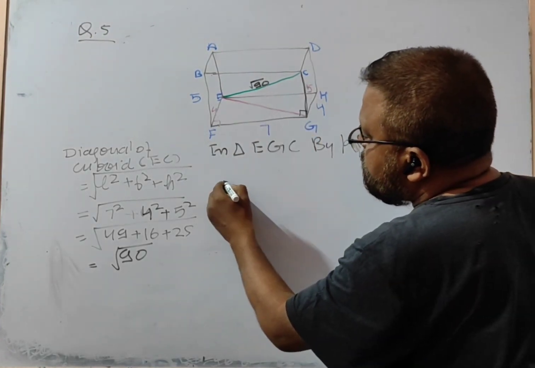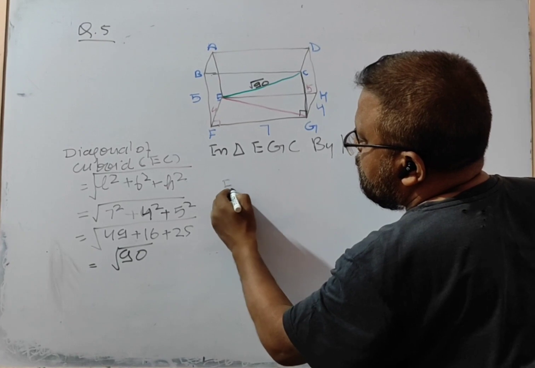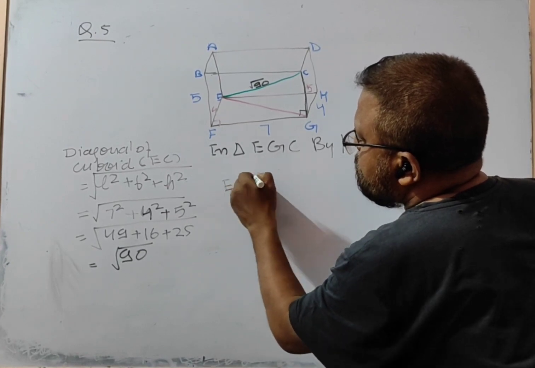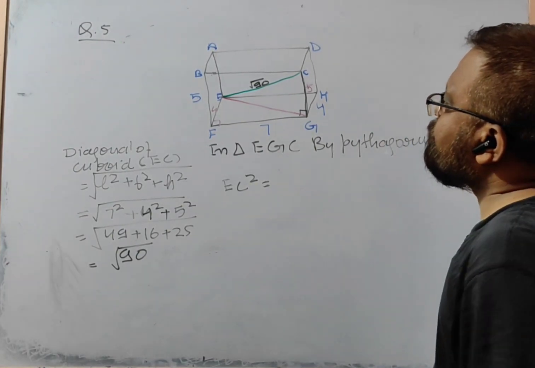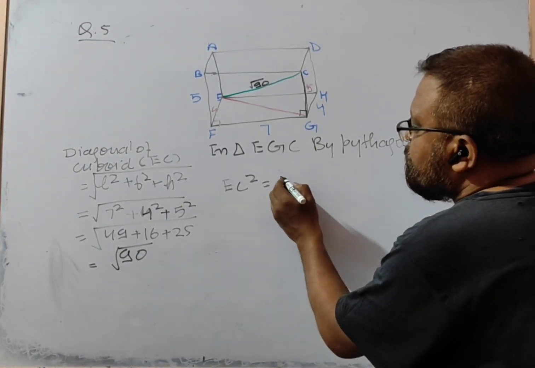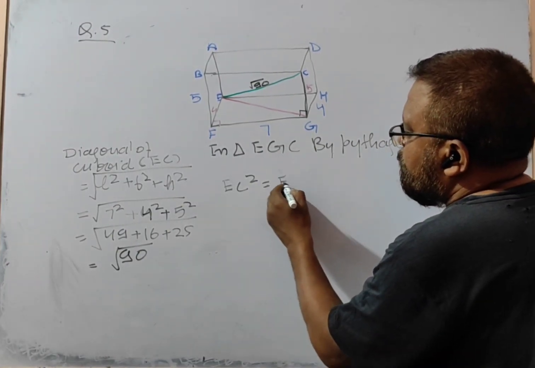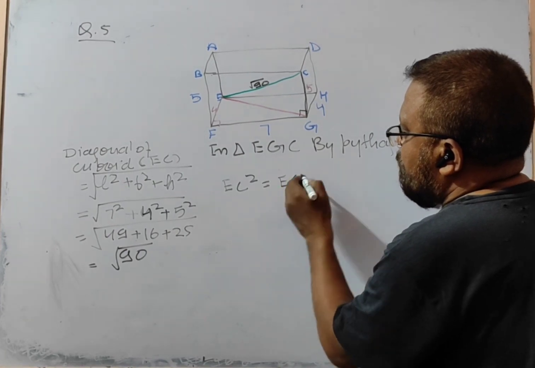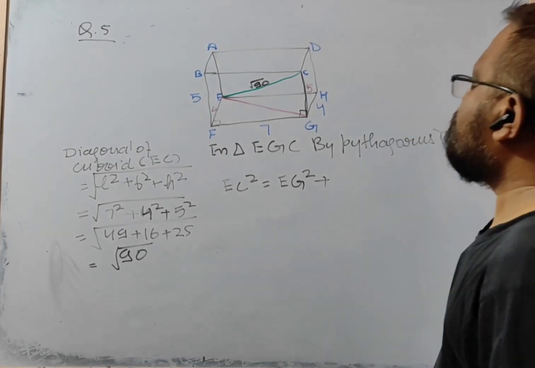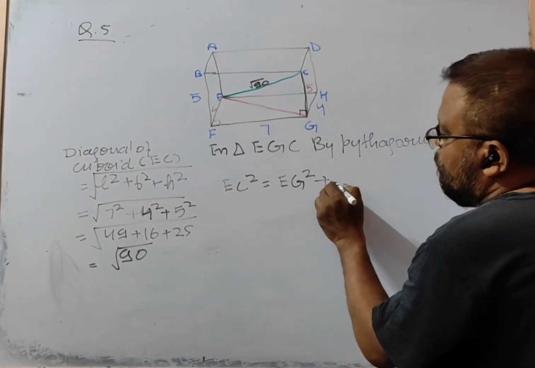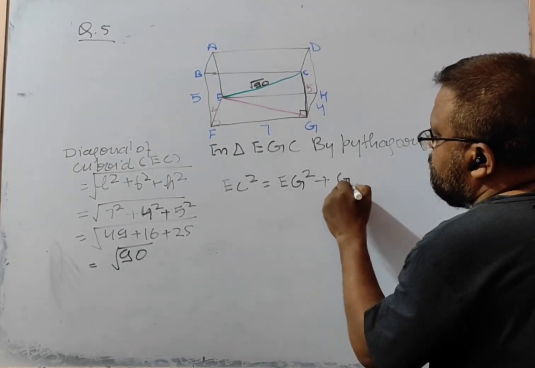So EC square is equal to EG square plus GC square, right?